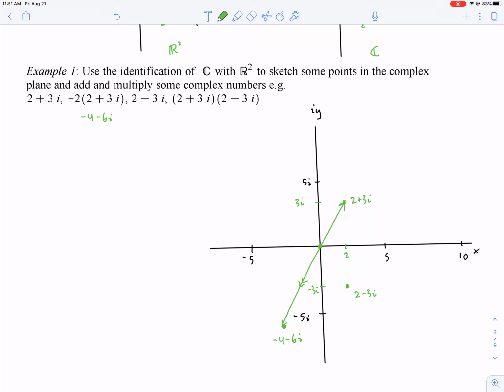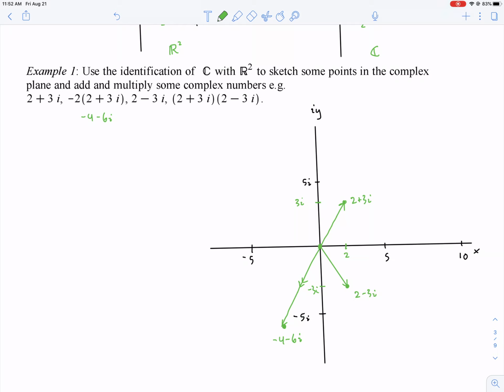And as in linear algebra, we go back and forth between point representation and position vector representation in the complex plane like we did in R2.